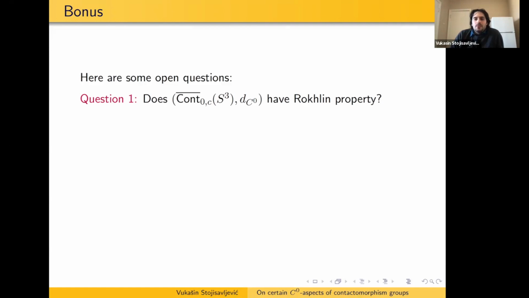First, let me note that in the compact case, just for homeomorphisms, not contact homeomorphisms, we could do this for the even dimensional sphere, but not for the odd one.